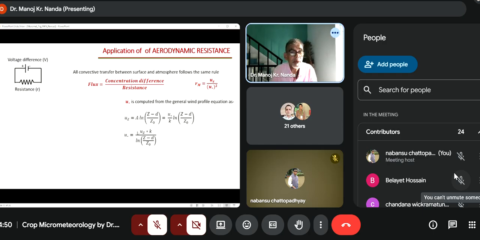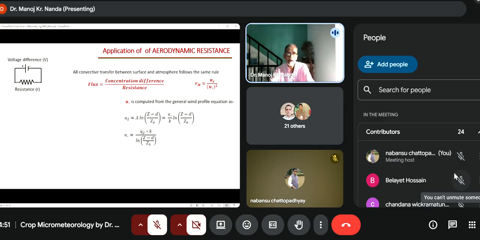So bring the Uz to this side, and ln (z minus d) by z0 and K to the other side. You are getting U star is equal to Uz into K divided by ln (z minus d) by z0.